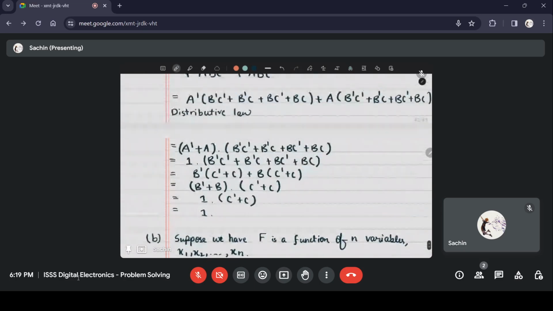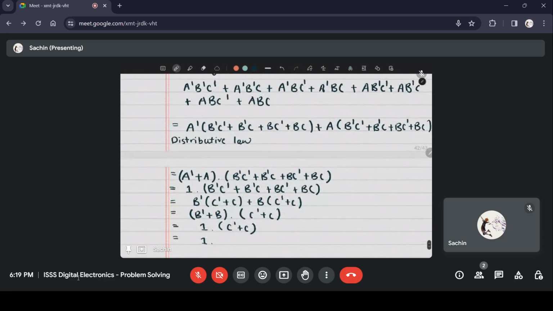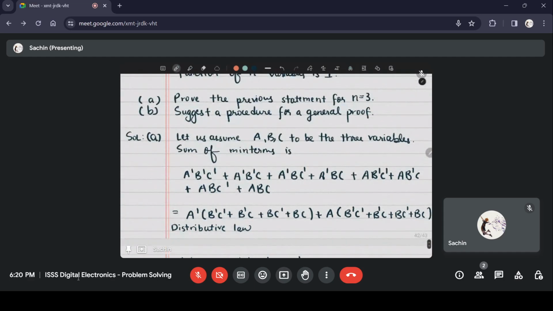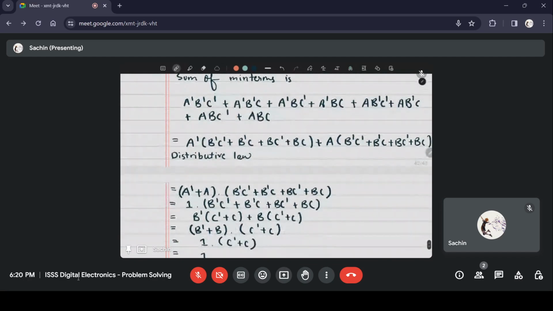So if it's true for 3 variables, it should be true for 4 variables also, because if you take the first literal in the 4 variable, if you take half of the terms in a 4 variable sum of all min terms, and in the first half you take x1 prime common, the first literal common, and in the second half again you take the first literal common in each term.